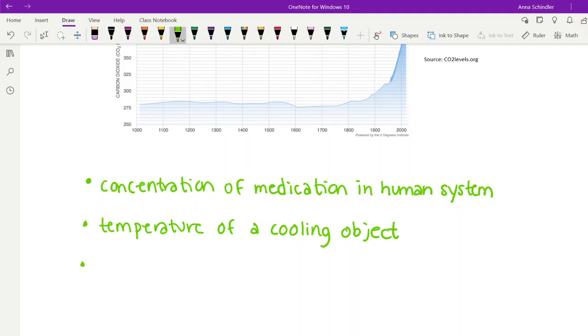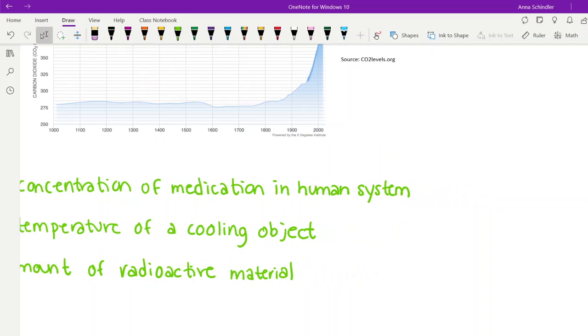Another example would be the amount of a radioactive material. If you have a radioactive material, the radioactivity is going to decrease sharply at the beginning, and then it's going to decrease really, really slowly as time goes on. So these three examples, as I mentioned, are what are called exponential decay.